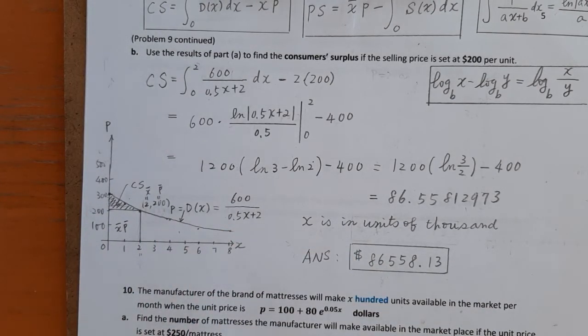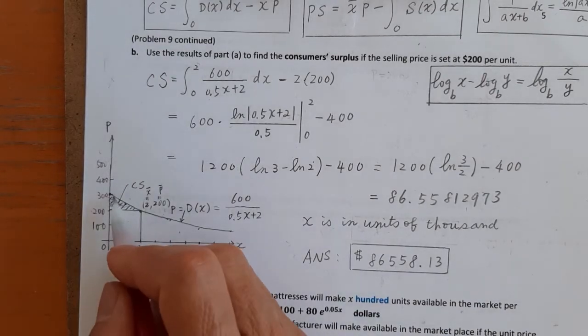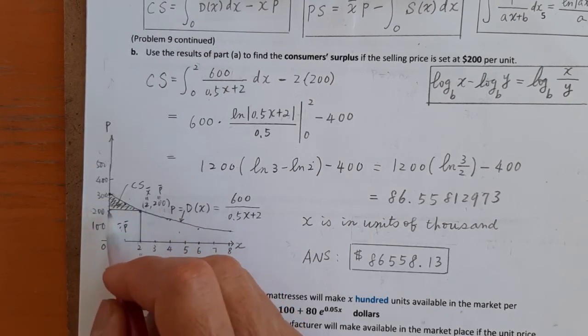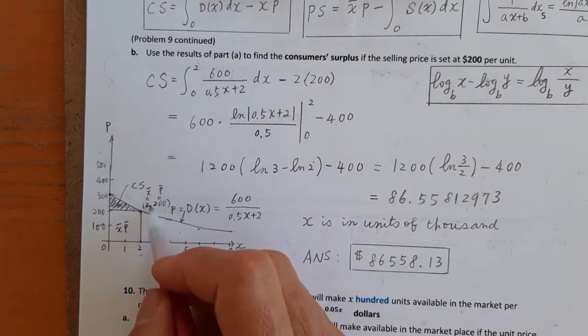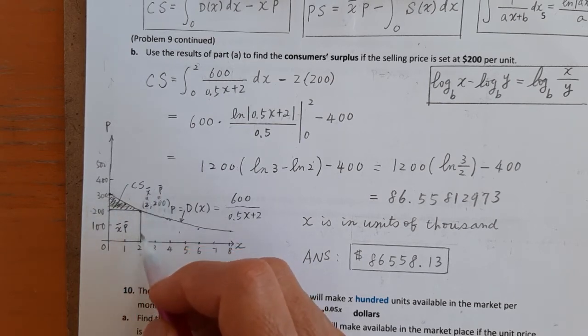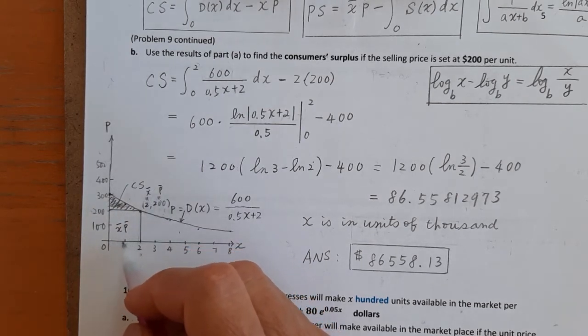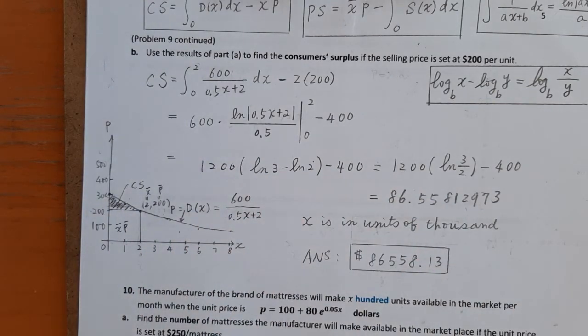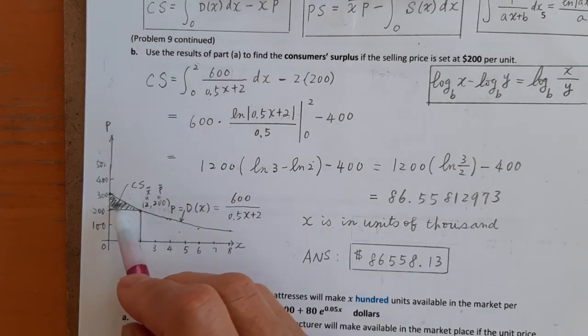If the consumer wants to pay a higher price, you can earn more money than the usual market price. The market price is $200. Then this part, if you sell less than 2,000 units, you will earn more money. That's consumer surplus. So it's this area.